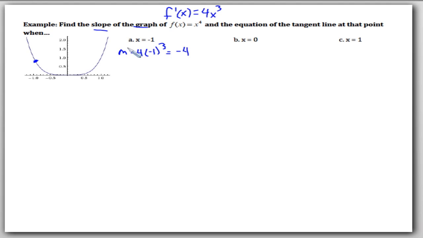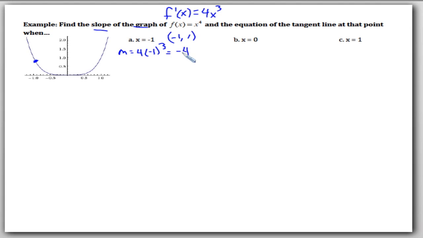Now, they also want us to find the equation of the tangent line at the point. So at -1, we actually need to find another point. So this is the point -1, comma. We're going to plug -1 into our x to the 4th, and that becomes 1.